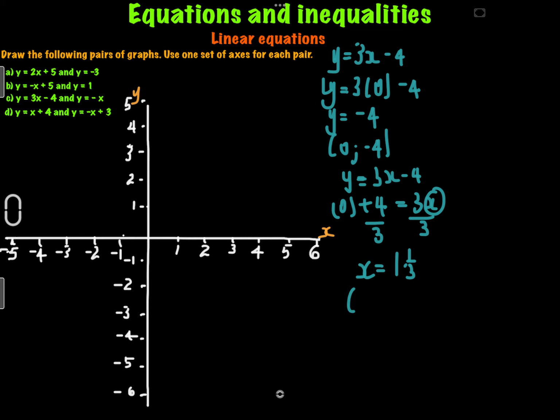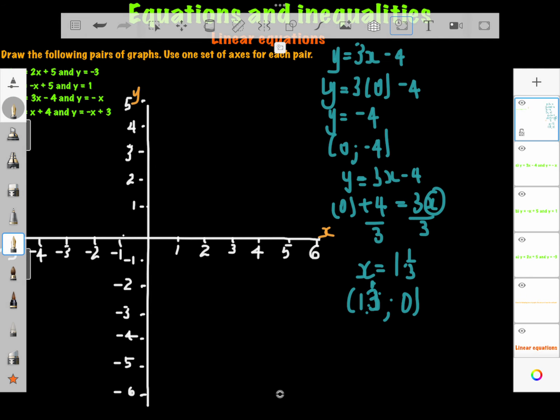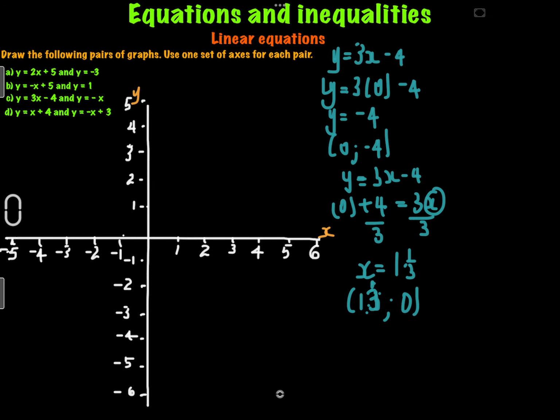Now, when y is equal to 0, x is simply 1.3, and this 3 is actually recurring: 1.3333 and so forth. Technically again, we just want the sets of coordinates, those coordinates and these coordinates.